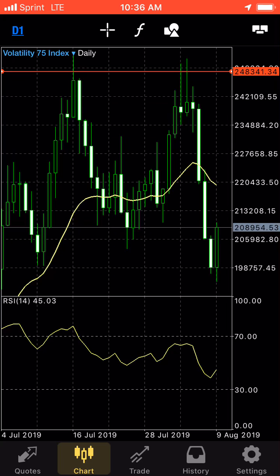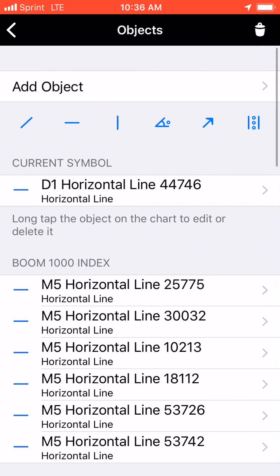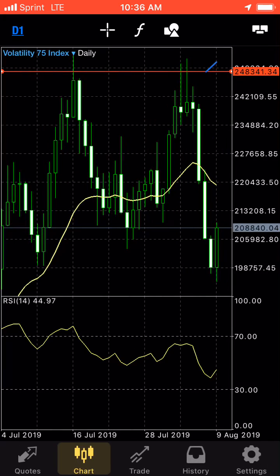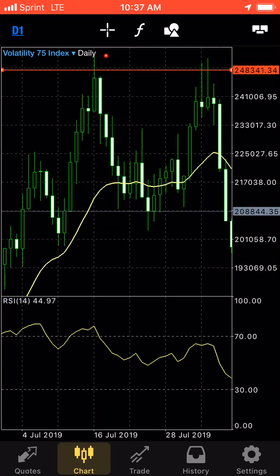But price going there for the first time does not make it a support or resistance level. We need to have another confirmation, then see what else we were looking at. I'm also going to use my trend line to show you this.